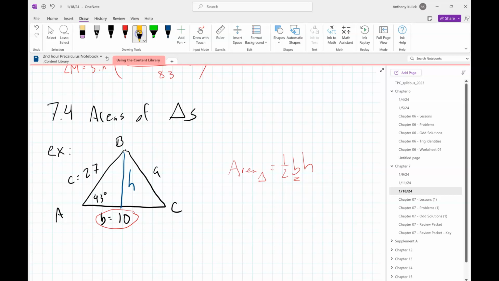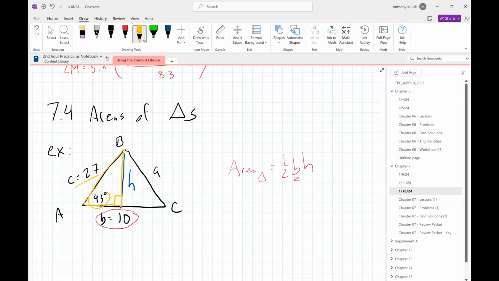But if we look here, doing this makes a right triangle, doesn't it? And I know an angle and a side in that right triangle. Can I use SOHCAHTOA to solve for H? Yes, right? Relative to that 43 degrees, H is opposite, adjacent, or hypotenuse? The H is opposite. Yep.